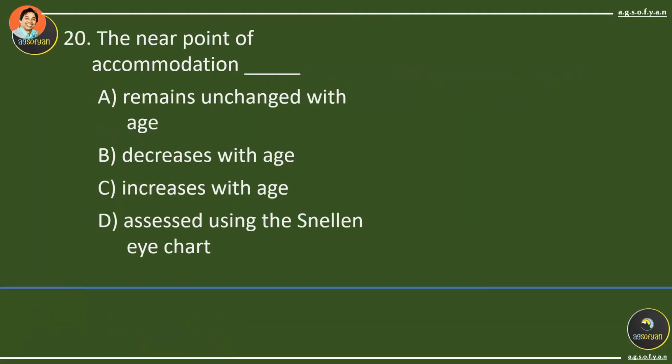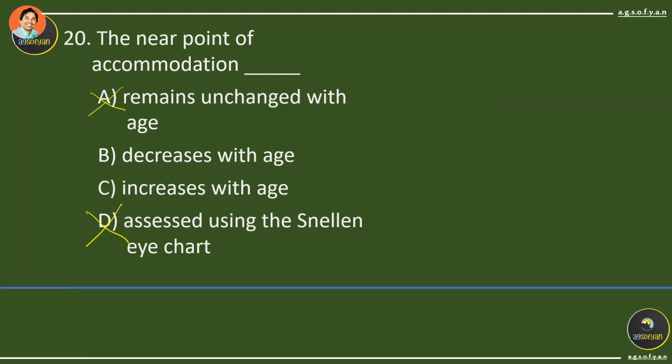Like reading the newspaper, the near vision will be farther. The near point of accommodation, A, B, C, or D: remains unchanged with age, decreases with age, increases, or is assessed using the Snellen eye chart. So remains unchanged is not correct, because it will change.